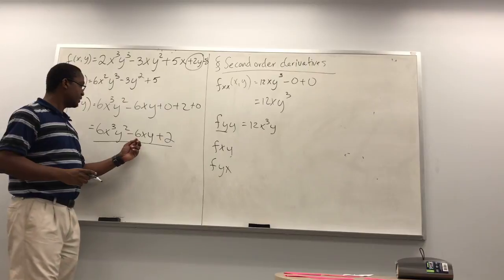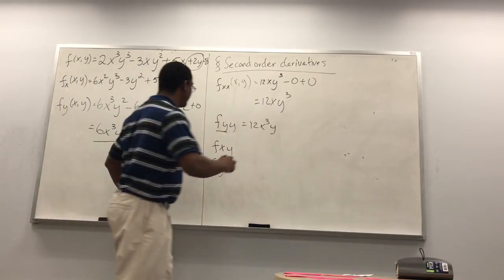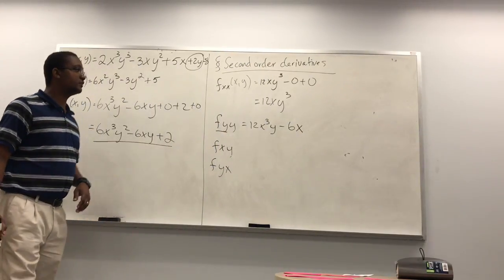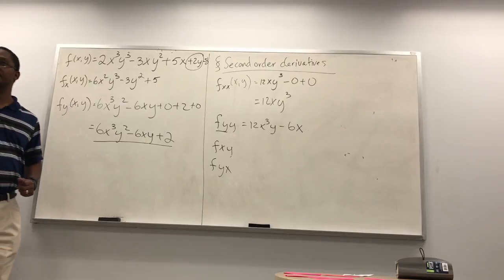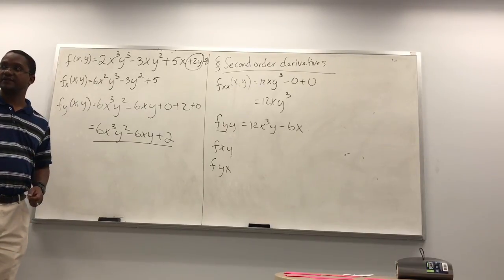And then I go over here and take the derivative and hold x constant, so that's just negative 6. So it becomes negative 6x. And then the derivative of 2 is 0. This right here is f of yy. Let me pause right there. Questions?